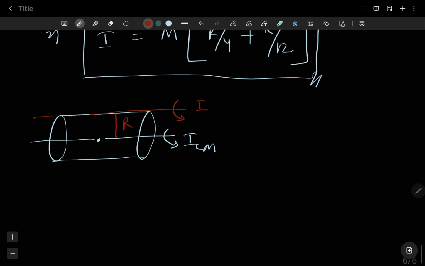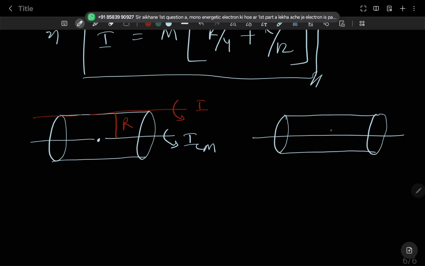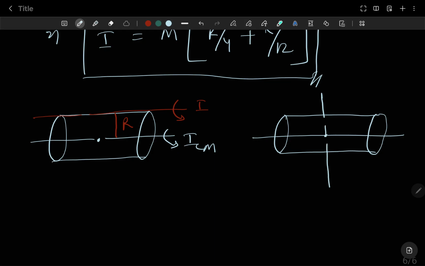About this axis, passing through the center of mass, it is I_CM.